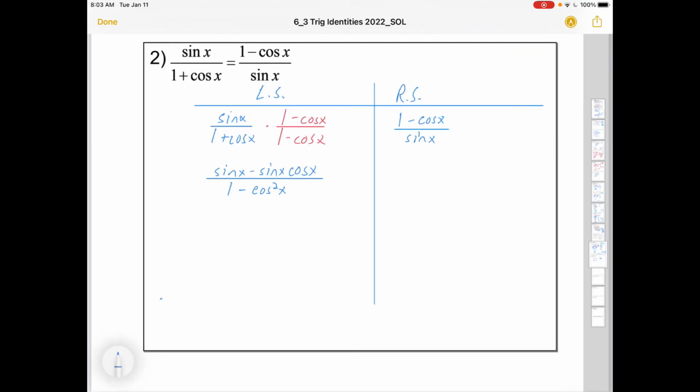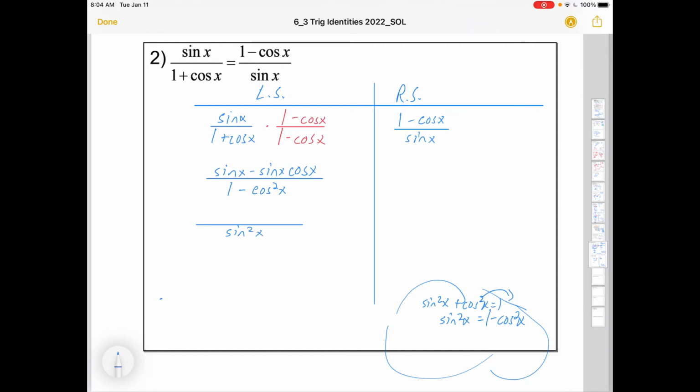Okay, so from here I can think about what is fishy about the bottom. Again, sine squared plus cos squared of x equals 1. So if I built a 1 minus cos squared, that would be equal to sine squared. Okay. So the bottom of this fraction on the left is just sine squared.